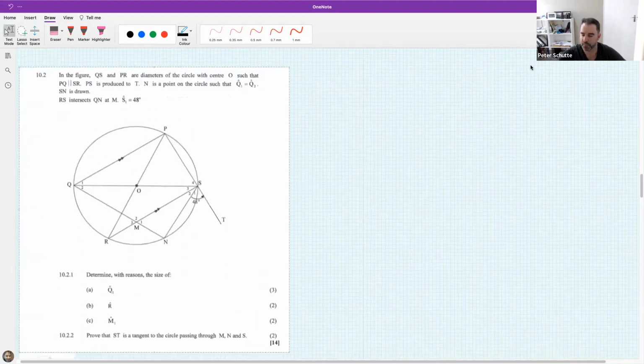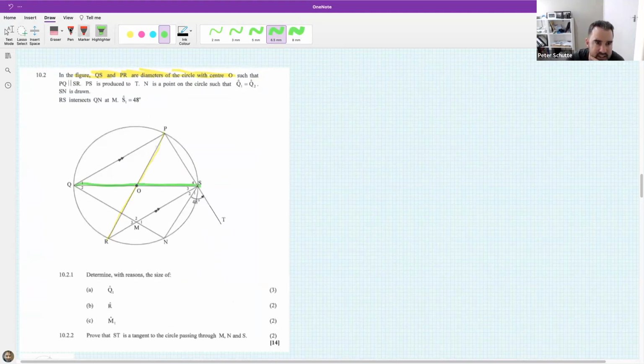Okay, so what do we have here? Let's introduce ourselves. It says QS and PR are diameters of the circle with center O. So PR is here and QS is there.